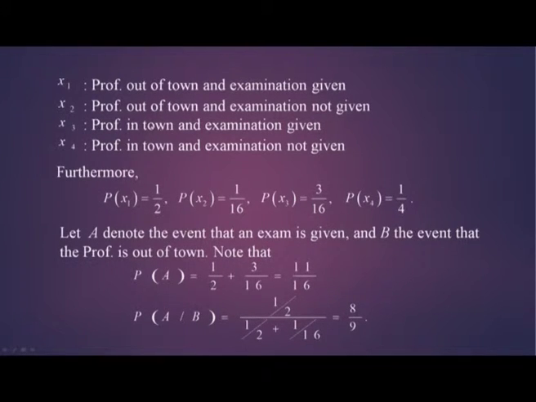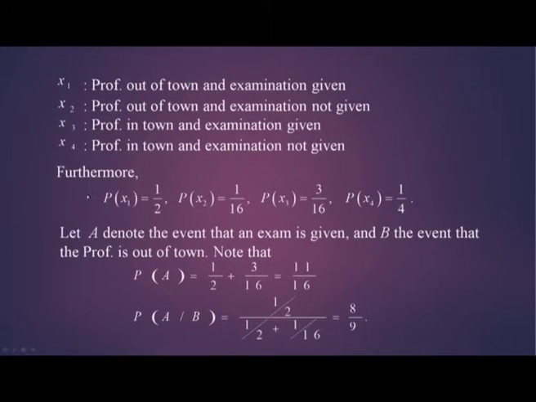Professor in town and examination given, that is x3, and x4 represents professor is in town and examination is not given. So, there are 4 cases which are possible here.